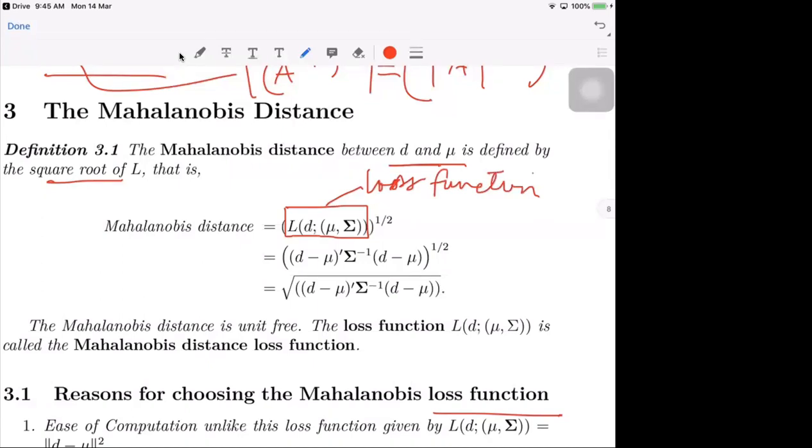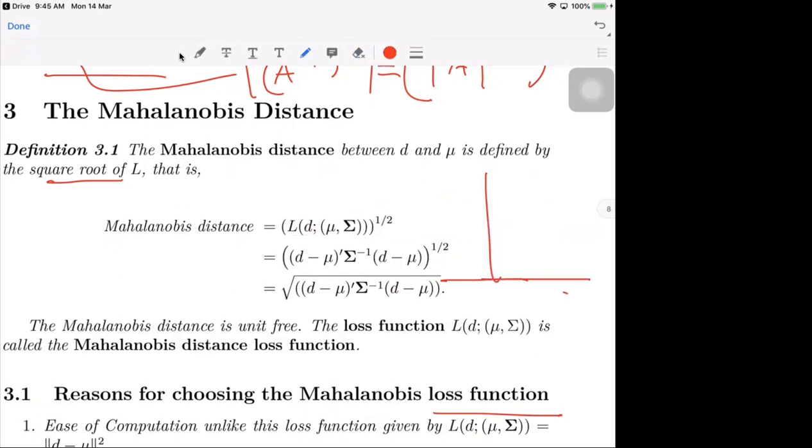So usually, what is the formula for distance? Let's make it two-dimensional. If you have X and Y, and you have two points, say let me call this X1, Y1, so this is your X1 and this is your Y1.